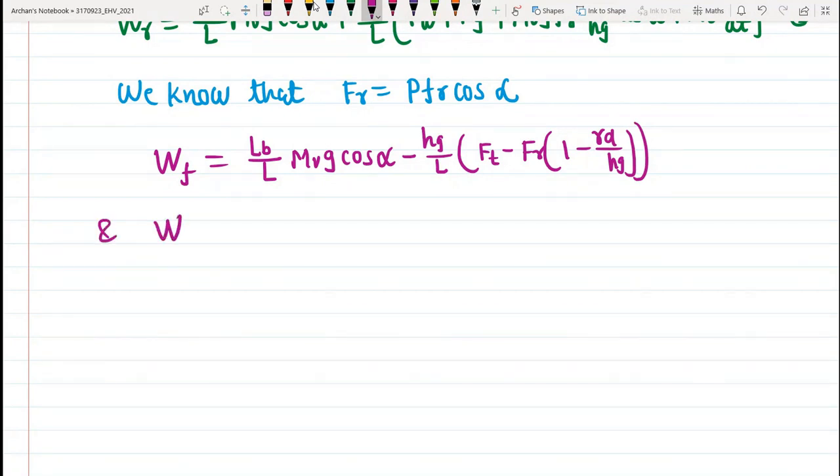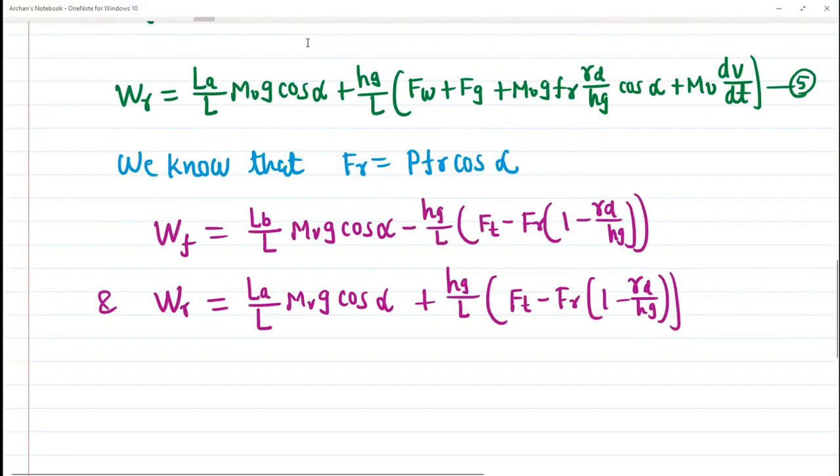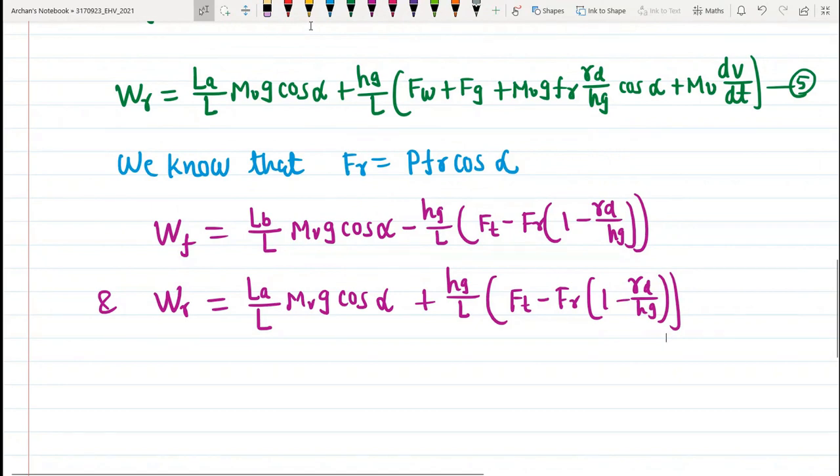And the load acting on the rear axle will be equal to La by L mvg cos alpha plus hg by L (Ft minus Fr) into (1 minus Rd by hg). So these are our two new equations. Let us call them equation number 6 and equation number 7.